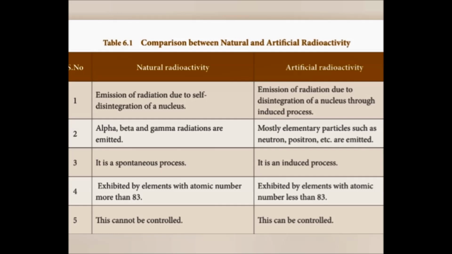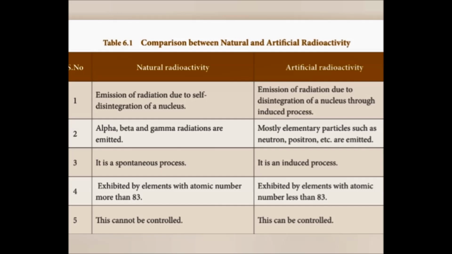But in artificial radioactivity, the disintegration of the nucleus occurs only with the help of humans or some induced process. Second, in natural radioactivity, alpha, beta, gamma radiations are emitted. But in artificial radioactivity, neutrons and positrons are emitted.